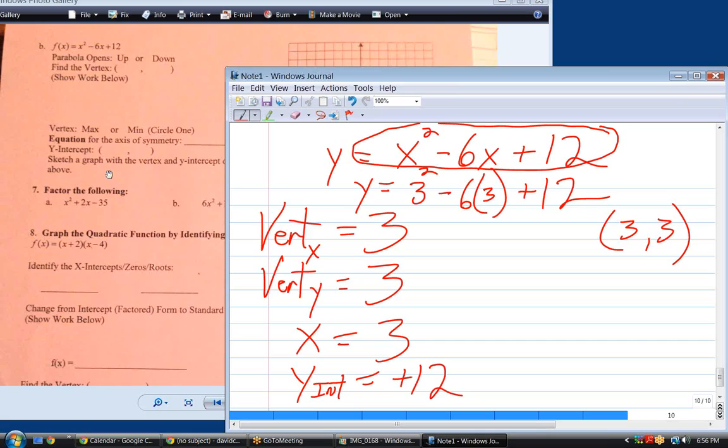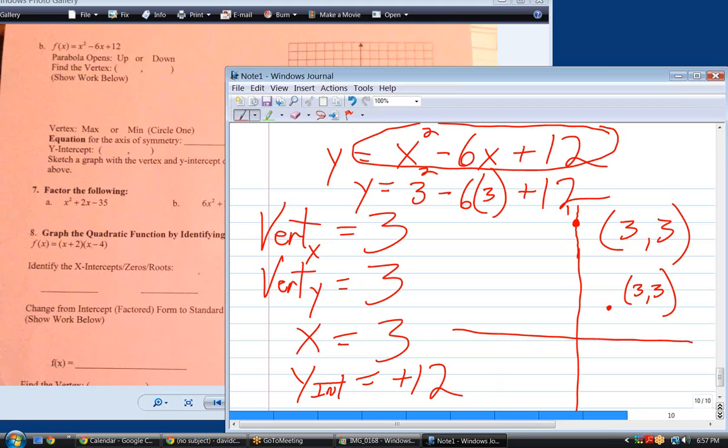So, sketch the graph, okay? I'm going to start at 3, 3, right there. I know it opens up, right? And I know the y-intercept is 12.